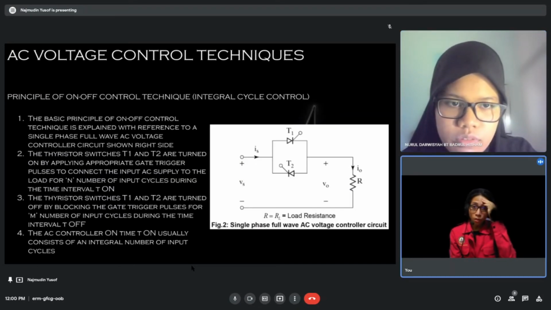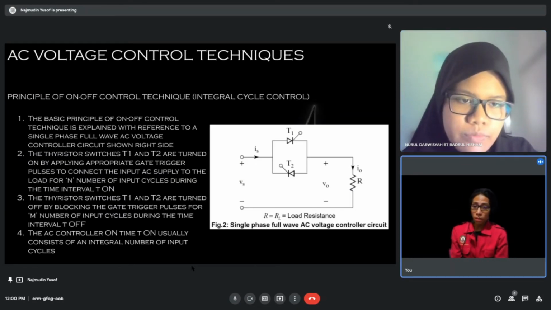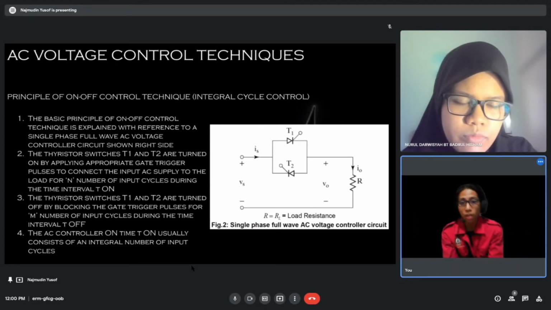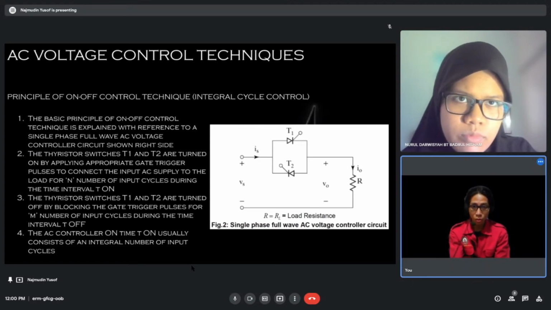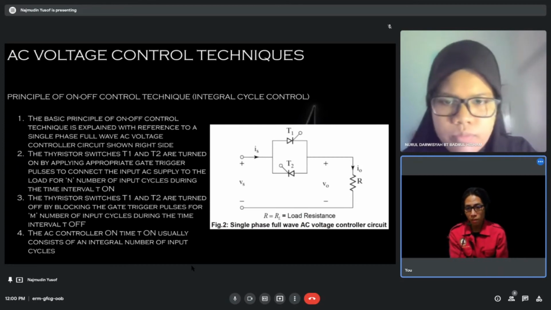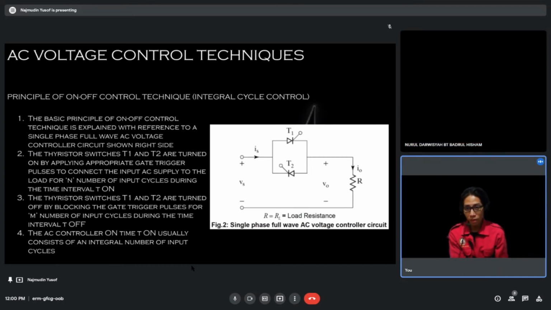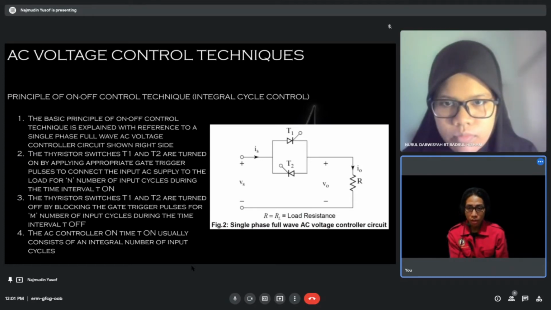Okay, for the AC voltage control techniques, principle of on-off control technique, integral cycle control. First, the basic principle of on-off control technique is explained with reference to a single phase full wave AC voltage controller circuit shown on the right side.